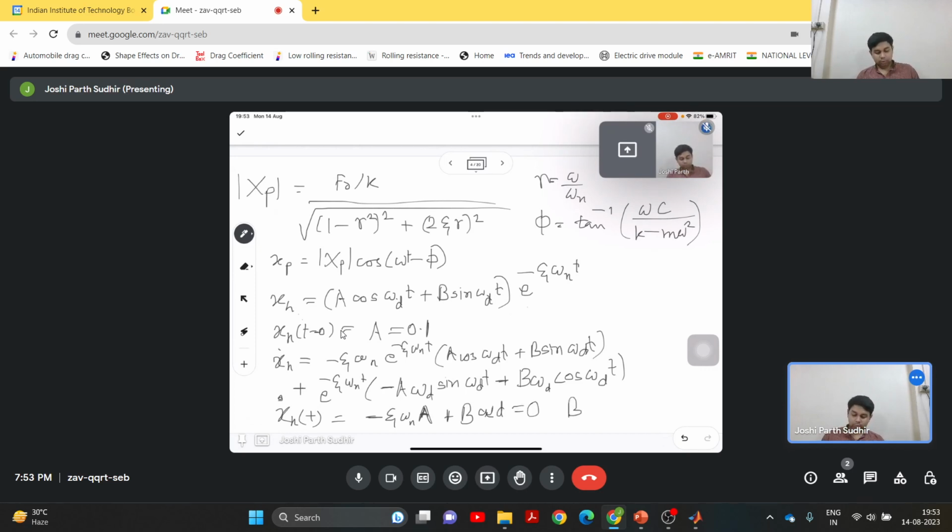Therefore b is equal to zeta omega n a by omega d. Here omega d is omega n into root of 1 minus zeta square.